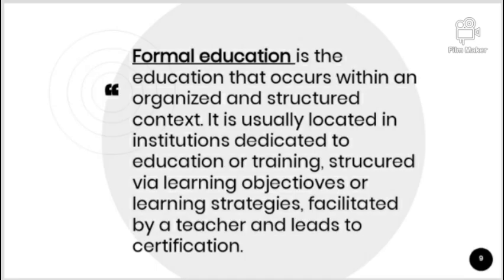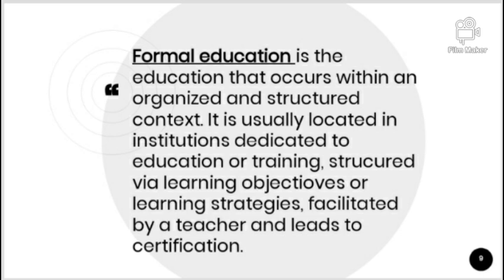Here is a definition of formal education. Formal education is the education that occurs within an organized and structured context. It is usually located in institutions dedicated to education or training, structured via learning objectives or learning strategies, facilitated by a teacher, and leads to certification.